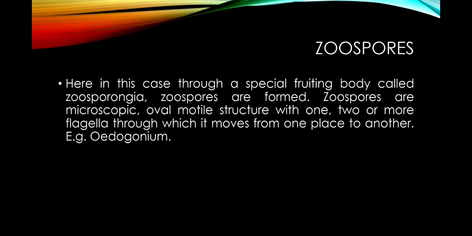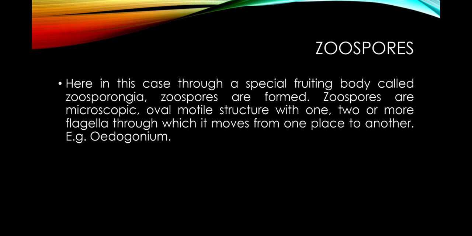Now the next is zoospore. Zoo means animal and spores means spores. So does it mean that it is the spores of animals? Not exactly. Why is it called zoospores? Because zoospores have flagella to move from one place to another. They have a locomotory organ.